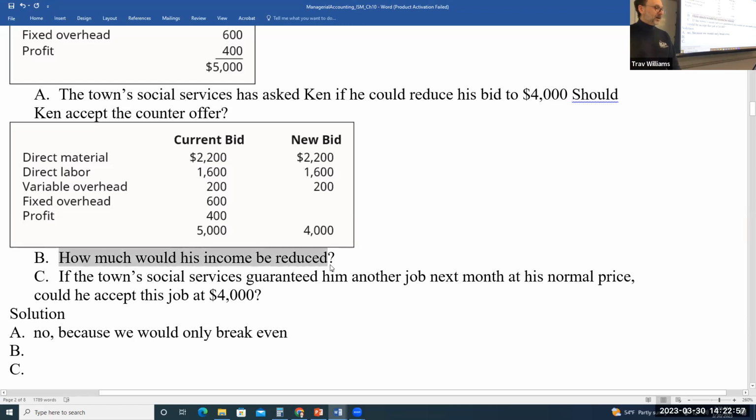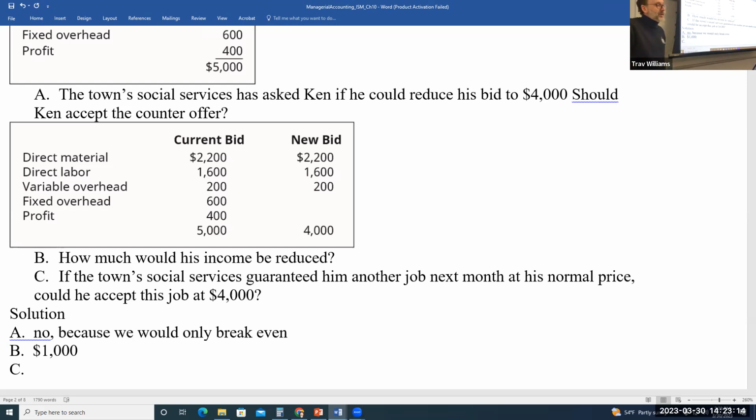The second question, how much would the income be reduced? Well, obviously, the difference between 5,000 and 4,000 is a difference of $1,000, right? So that's what they mean by that question.